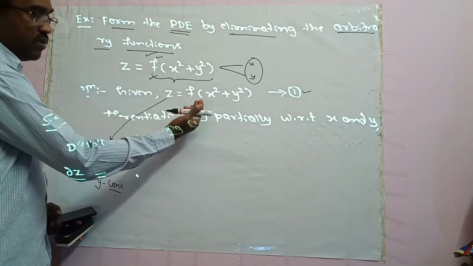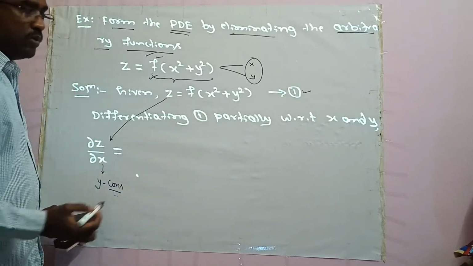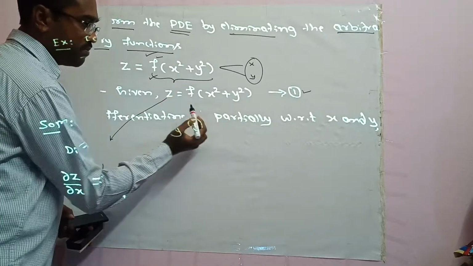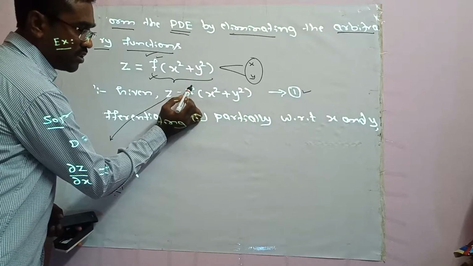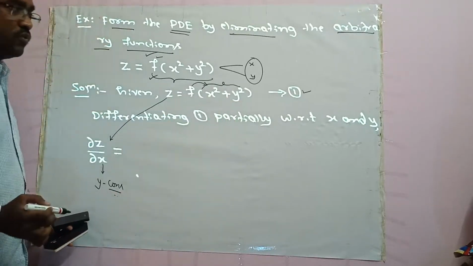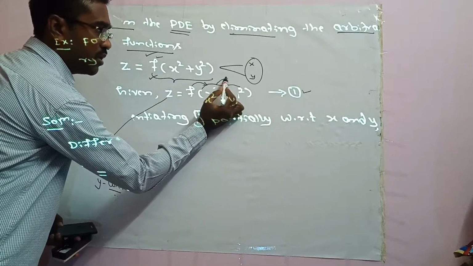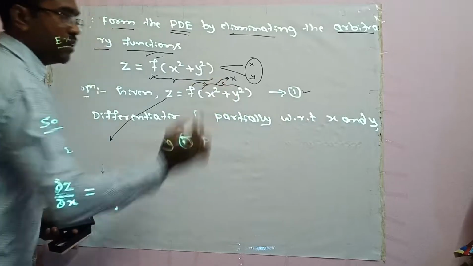Now if you try to differentiate the RHS, you need to apply the chain rule because it is a function of a function. This function f depends on x square plus y square, but this x square plus y square depends on x and y.